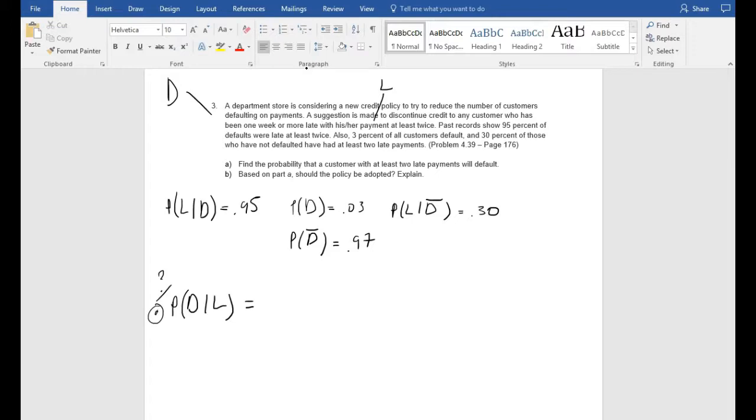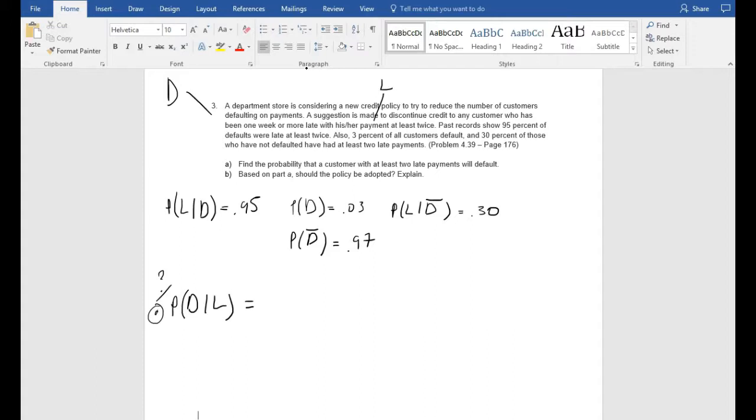So this is going to harken back to Bayes' theorem, and we're going to apply that formula. If you are following along in the PowerPoint slides or in your notes, go look at Bayes' theorem.